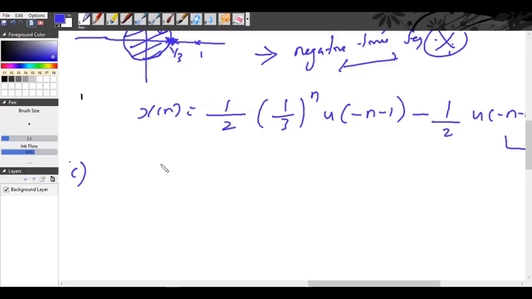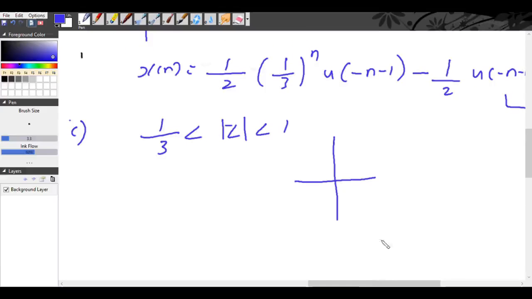So the third part is the region of convergence between 1 by 3 and 1. How will the plot look? Again I am going to mark it out, because I already have the pole and zero locations. Say this is 1 by 3 and this is 1.